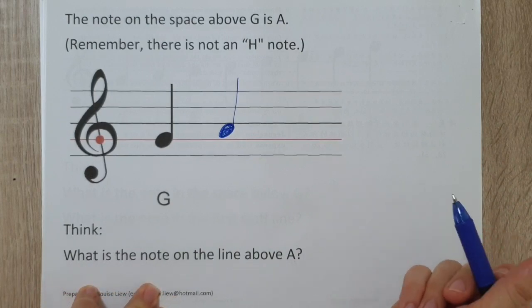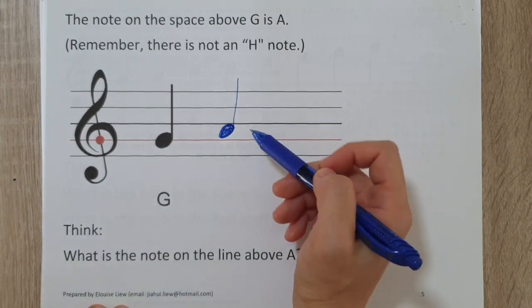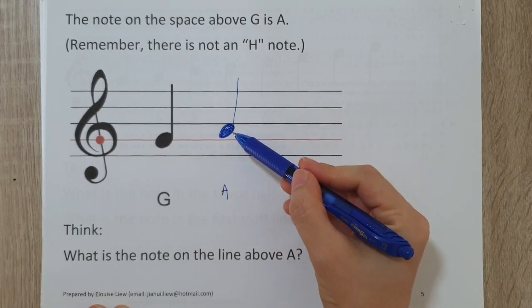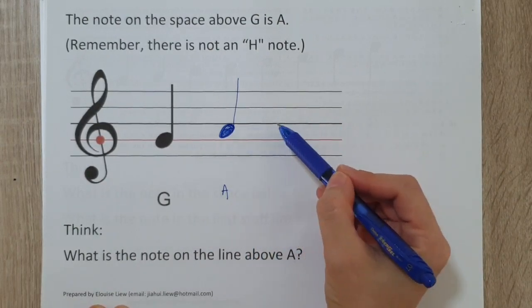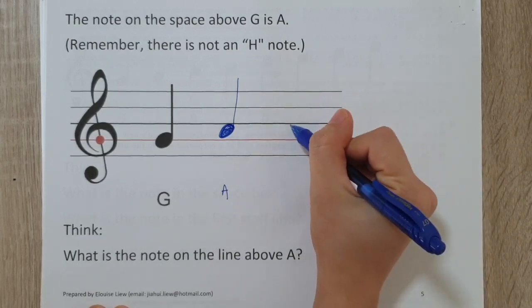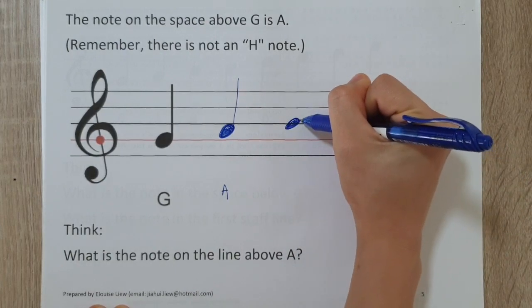Now I want you to think, what is the note on the line above A? So here's G, here's A. How about the note above A? On the line above A? Yeah, you got it right. That's a B.